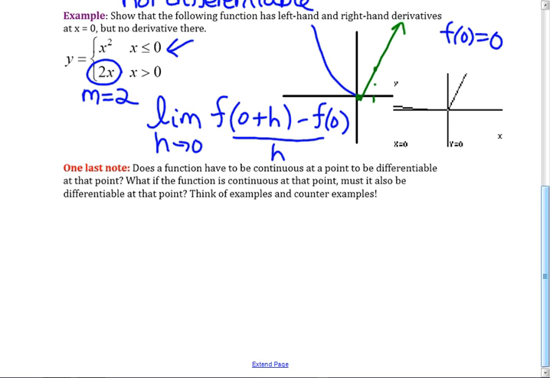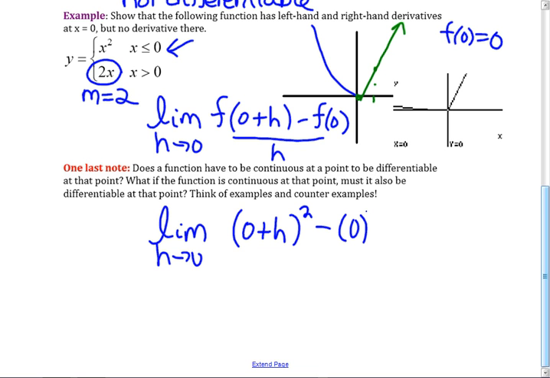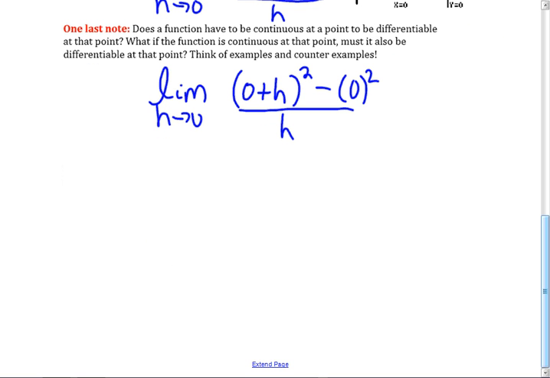Okay, so it's the limit as h goes to 0. Well, f of 0 plus h is 0 plus h squared, minus f of 0, which is 0 squared, all over h. Well, that's not hard, right? What's this one going to give me? It's just going to give you h squared, and that's h squared over h.